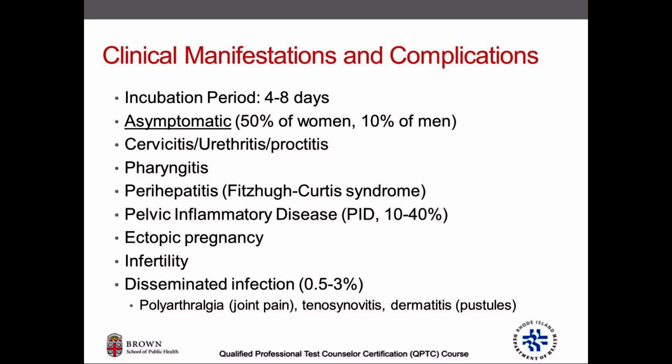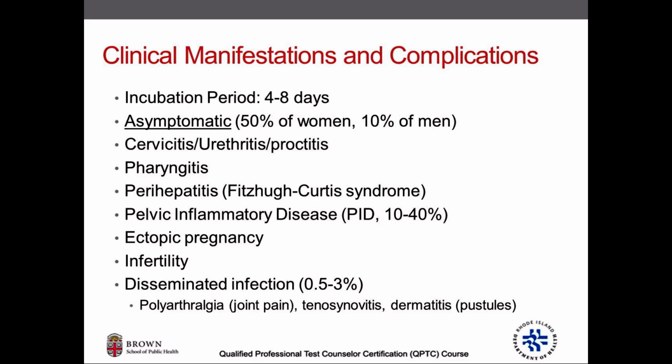People with gonorrhea tend to have more symptoms compared to chlamydia. Again, the majority of symptoms do tend to be cervicitis, urethritis, or proctitis. With gonorrhea, though, you can also have a sore throat or pharyngitis. It can also affect your liver. You can get perihepatitis with Fitz-Hugh-Curtis syndrome.